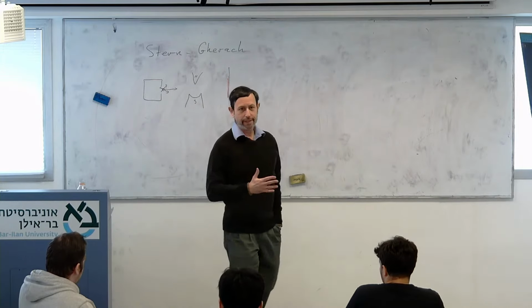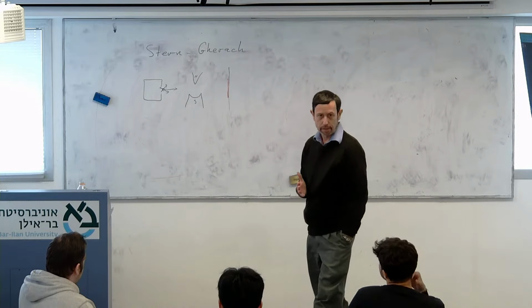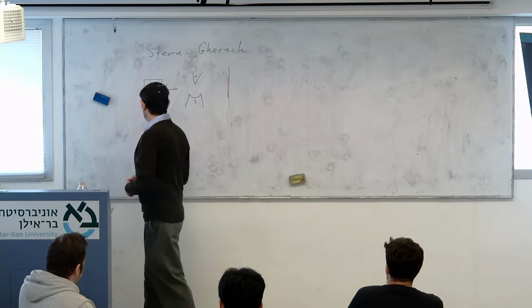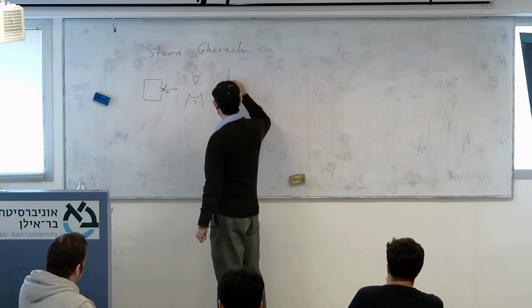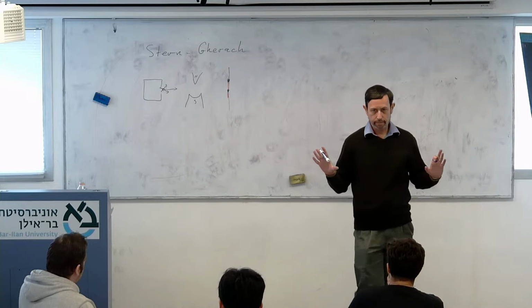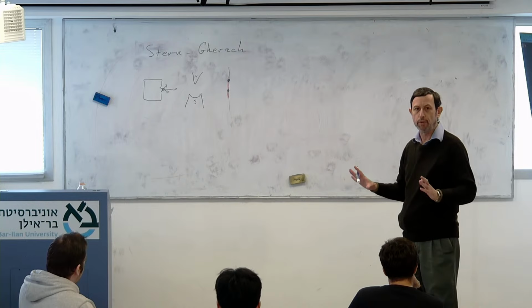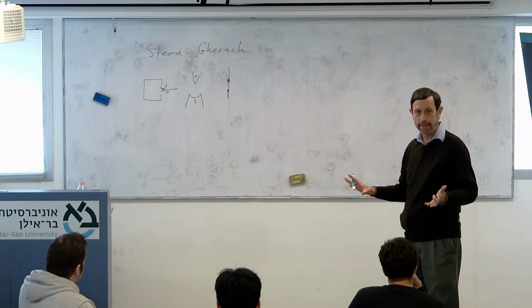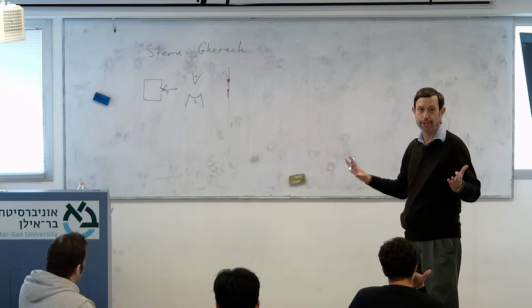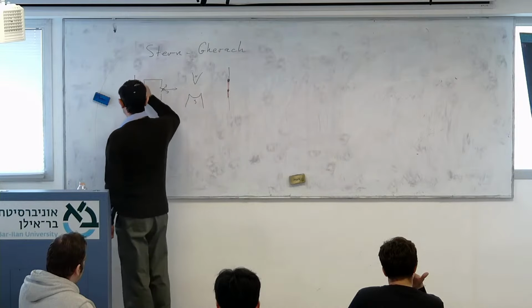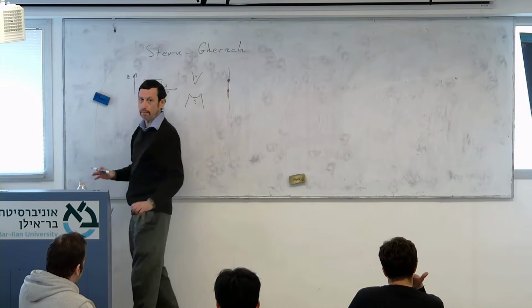Okay, so Stern-Gerlach performed this experiment, and to their surprise, instead of seeing this smudge, they saw two points. As if this atom could have its magnetic moment only in two directions, relative, let's call it, to the Z direction. There are only two possibilities.